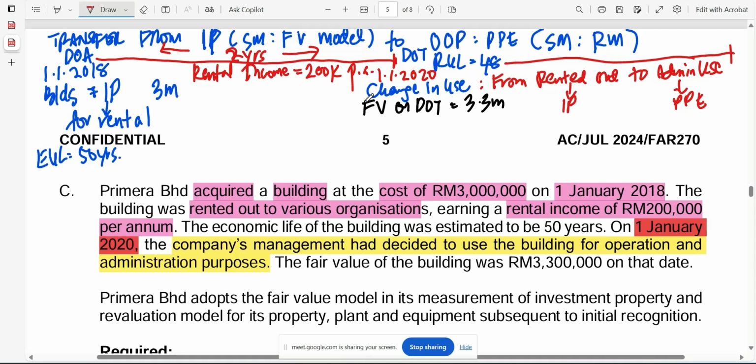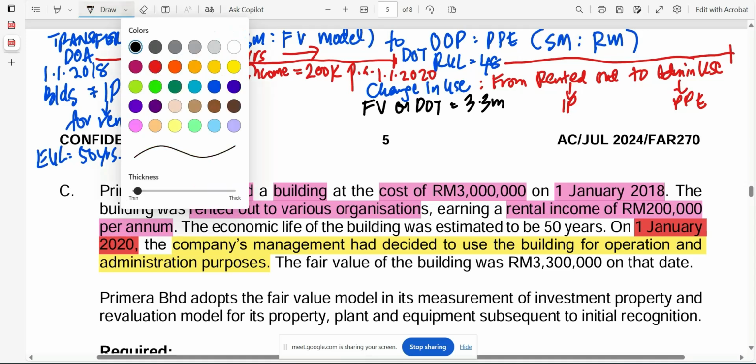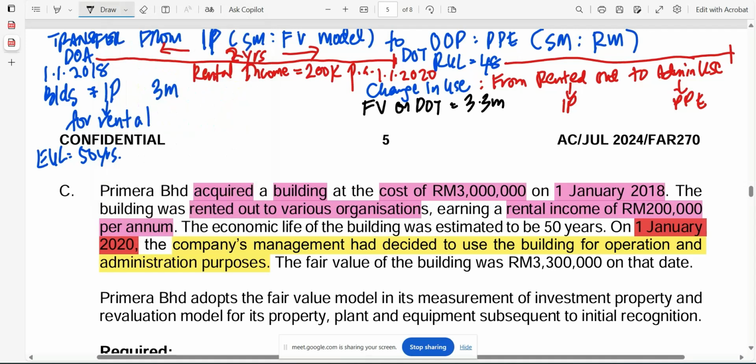Primera adopts the fair value model. So now, number 1, determine the fair value. You have done that. Now compare that fair value on the day of transfer, which is 3.3 million, with the carrying amount. So we need to find the carrying amount on the date of transfer, which is the carrying amount on 1st of January 2020.